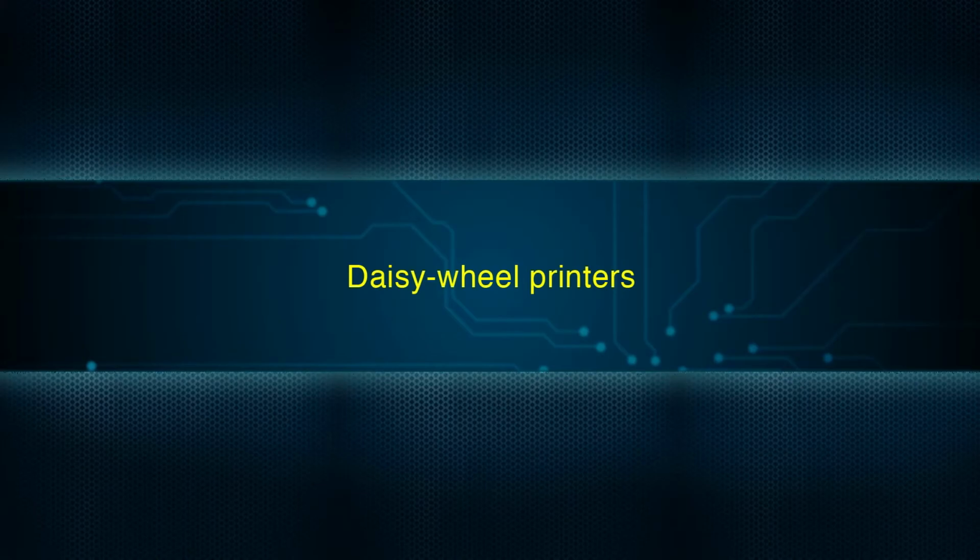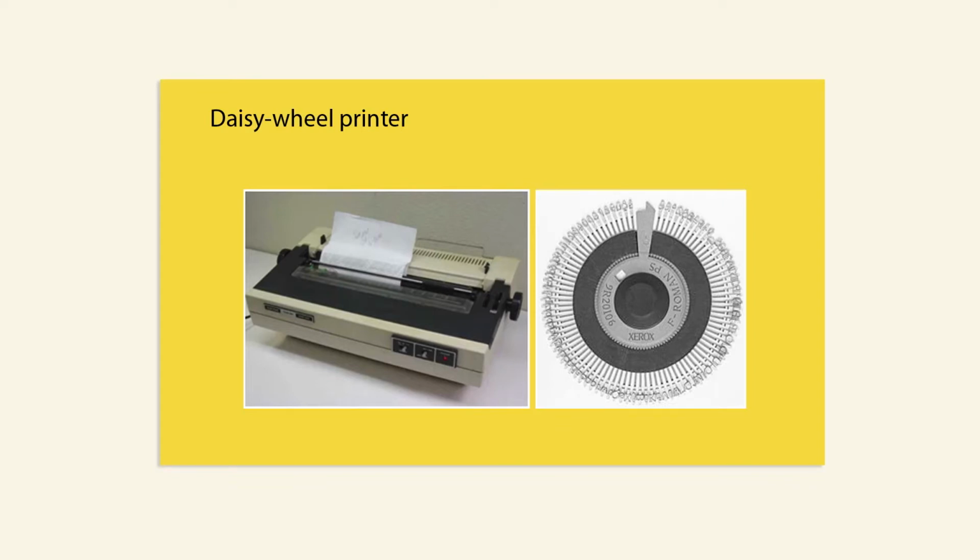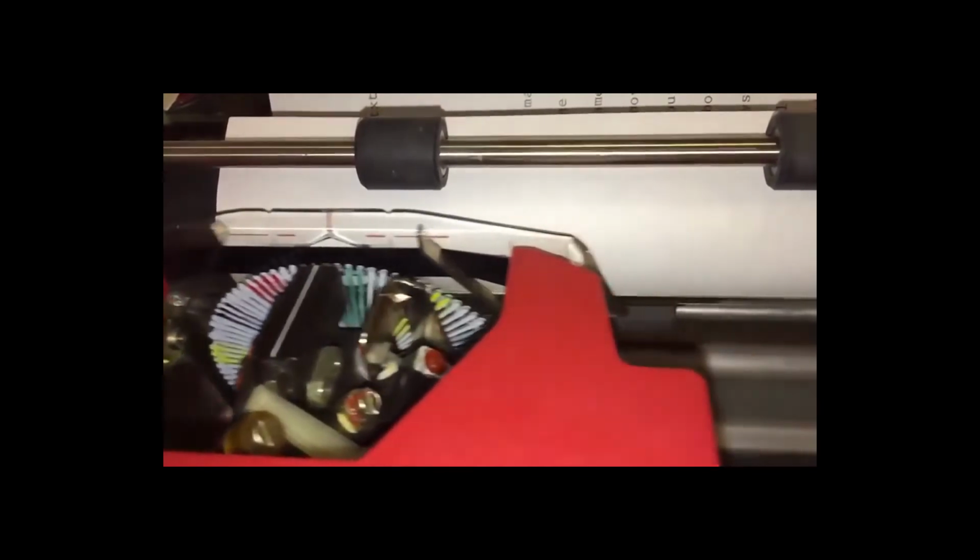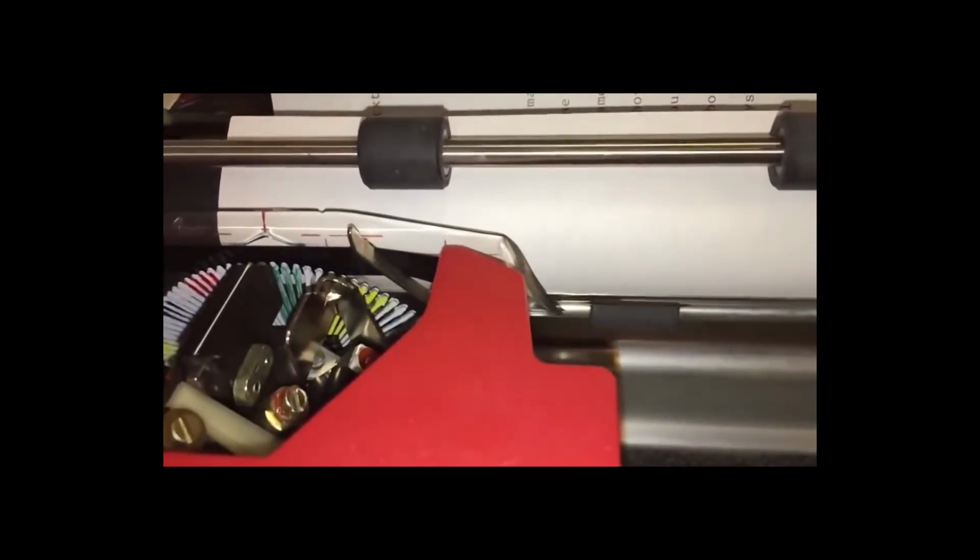Daisy wheel printers. The heart of the system is an interchangeable metal or plastic daisy wheel holding an entire character set as raised characters molded on each petal. In order to get the quality of type found in typewriters, a daisy wheel impact printer can be used.